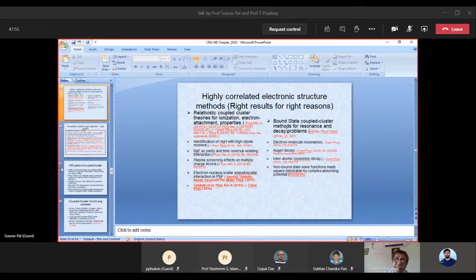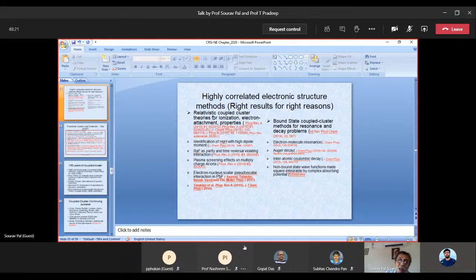Two major activities that we have taken up in recent years are development of relativistic coupled cluster theory for ionization, electron attachment, and various other properties. In fact, we have published several papers in the recent years. Some of the important things that we have looked at, for example, we have identified a mercury hydride with a high dipole moment.